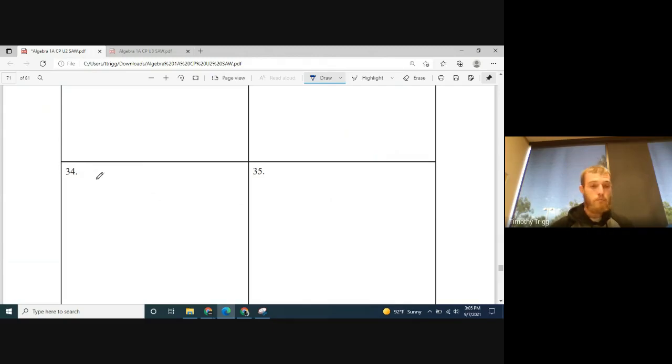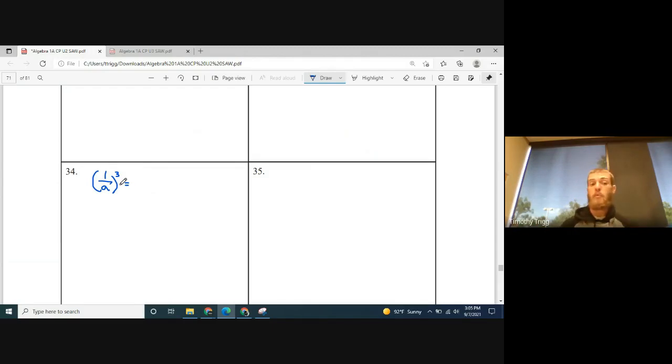Number 34, we have 1 over a to the power of 3. By the way, to the power of 3, you'll often hear it worded as cubed. So what I just wrote here can be read as 1 over a cubed, or 1 over a to the power of 3, same thing. So I might use those terms interchangeably.